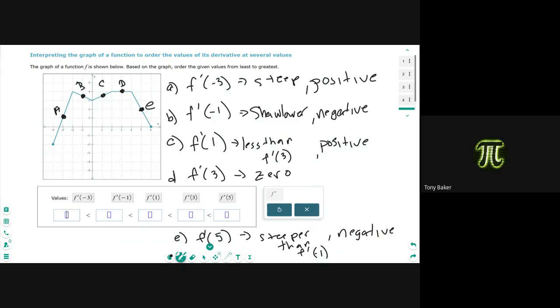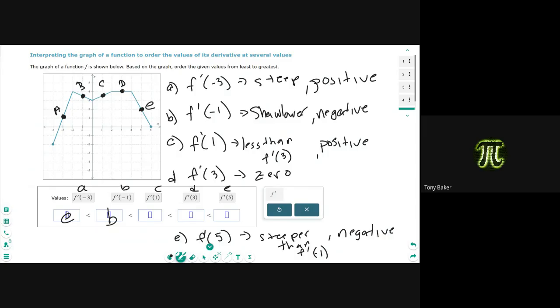Why? Because it's a steeper slope. So it's going to have a higher negative number, which means it's smaller, right? So E here, I'll just label these, and then it would be the B, because that's the other one that's negative.